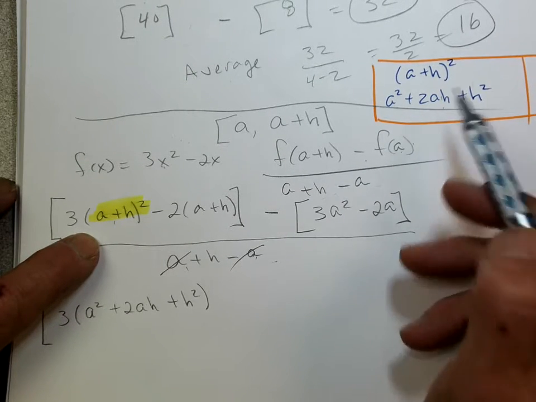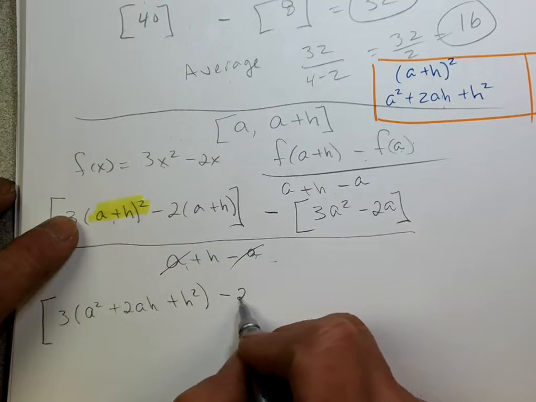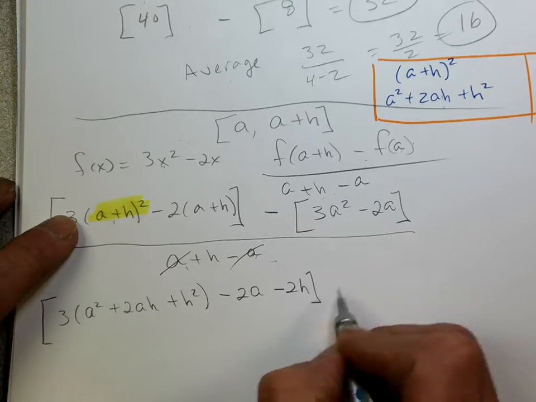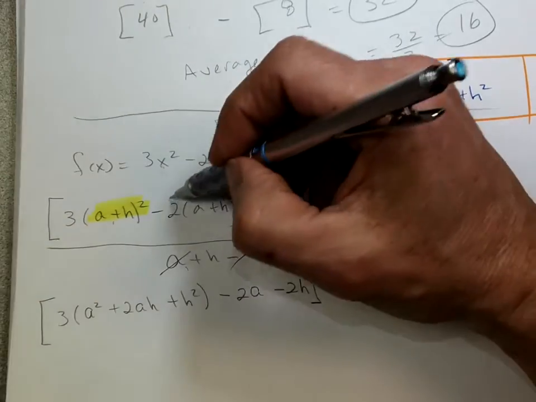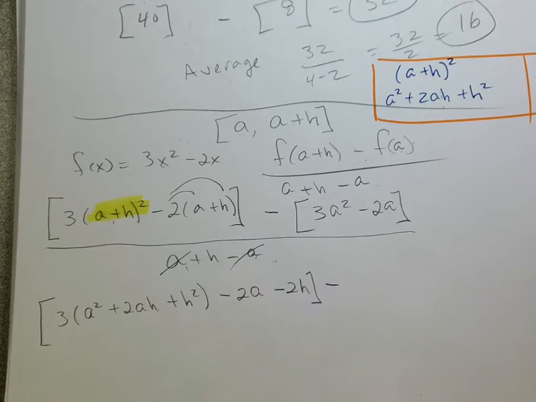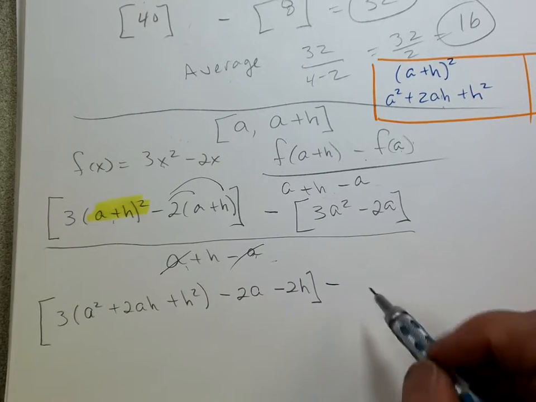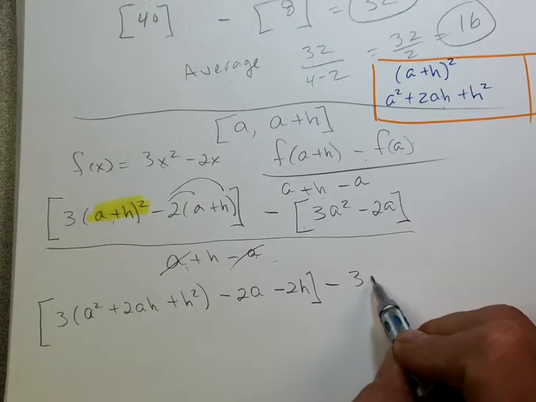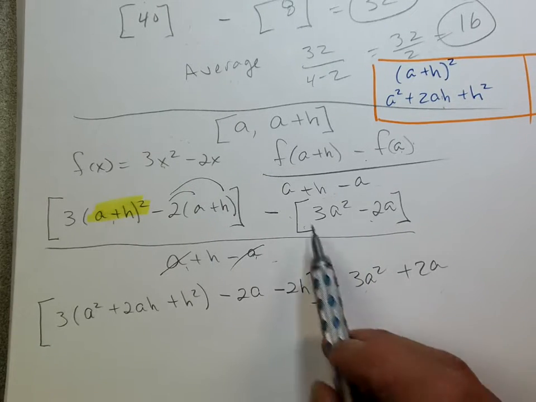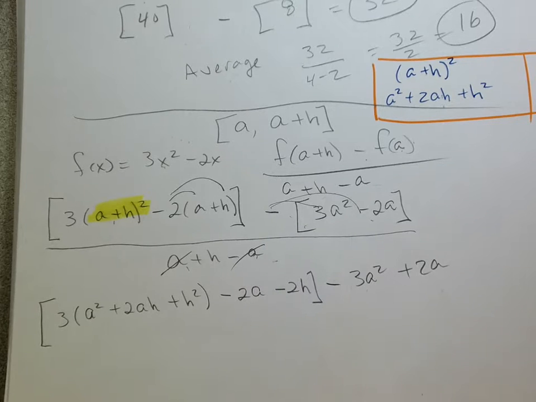I already knew what that was. Then minus 2a minus 2h. I just went that times that times that, okay? That times that times that, okay? Now, I'm going to subtract a 3a squared, and I'm going to subtract a negative or plus a 2a, okay? Subtract, and a double negative makes positive, okay?